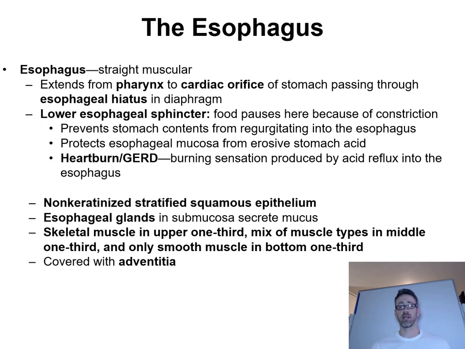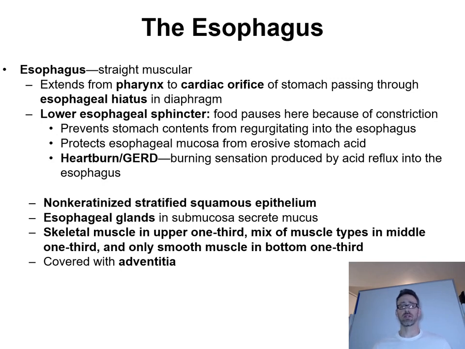But a key anatomical characteristic of the esophagus is that the pharynx, which is striated muscle, when it connects via the upper esophageal sphincter to the esophagus, is still striated. In fact, the upper 1/3 of the esophagus is still striated. The middle becomes mixed of smooth and striated, and then finally the bottom 1/3 of the esophagus is smooth.